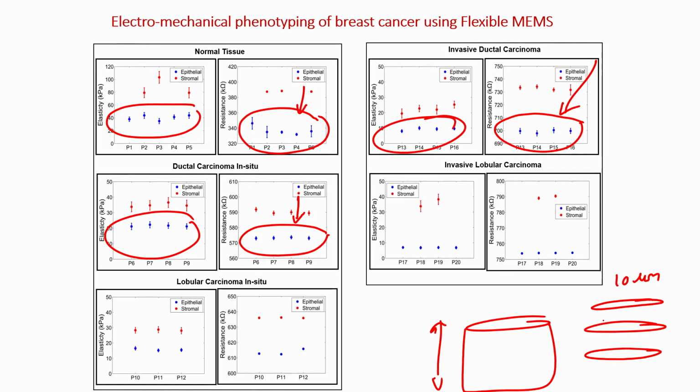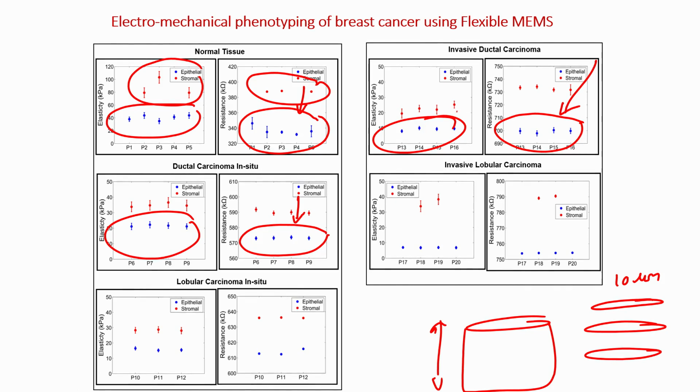Second, the red color is the stromal region. In the case of normal tissues, its elasticity is around 100 kilopascal, or if we take the average, about 90 kilopascal.